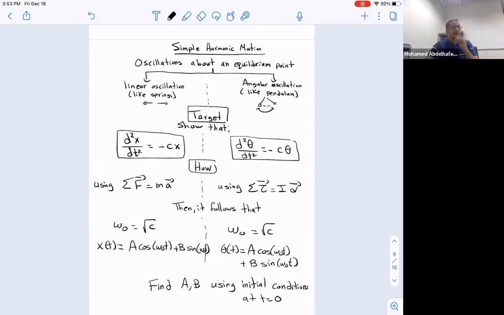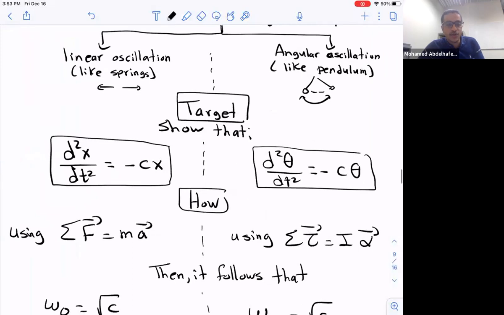So the idea here is if you're oscillating linearly, you want to find the linear acceleration A. Trust me, your main target in any harmonic oscillator problem is to prove that this is a harmonic oscillator, to show that it obeys the harmonic oscillator equation. How do you do that?